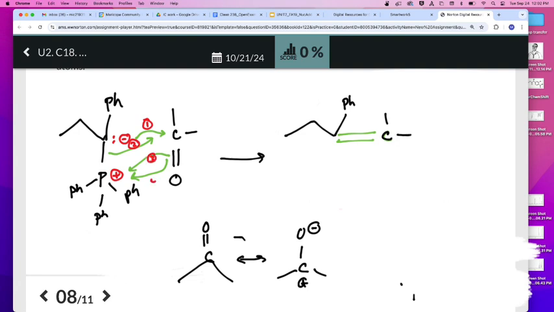What happened with 3 and 4? How many electrons were moved? 4. Ta-da.